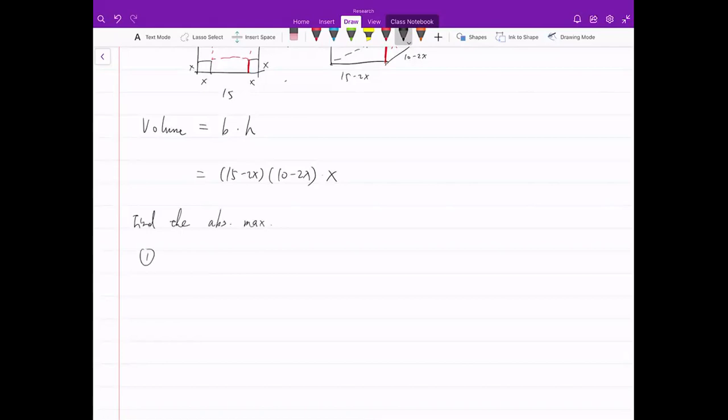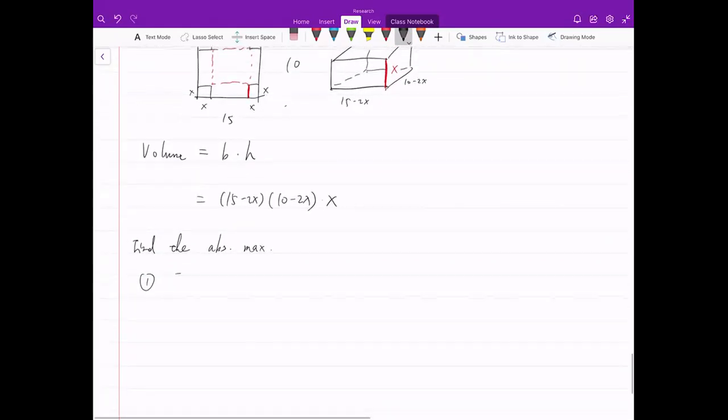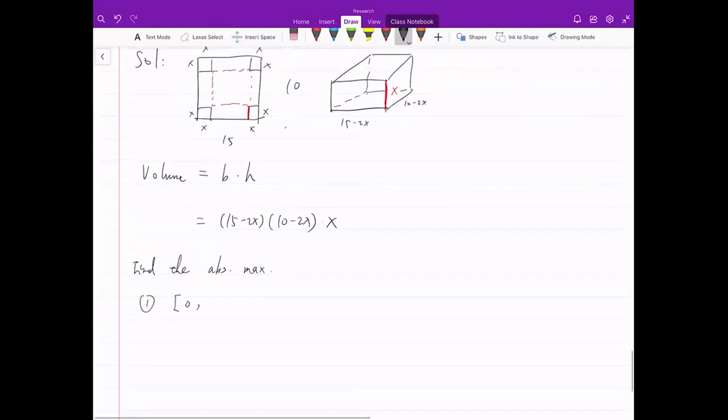Okay, I'll give you a hint. Before you do anything, how big can your x be? Well, it can be 0, but no negative. What's the biggest value of x that is possible?